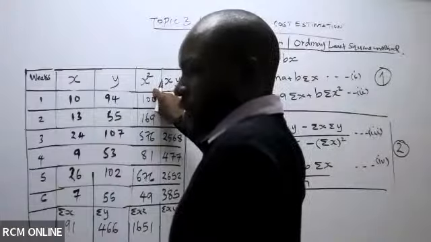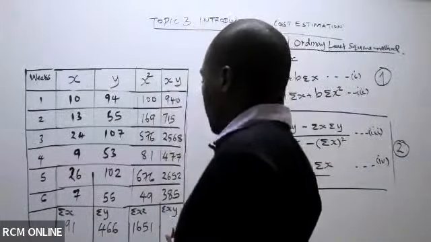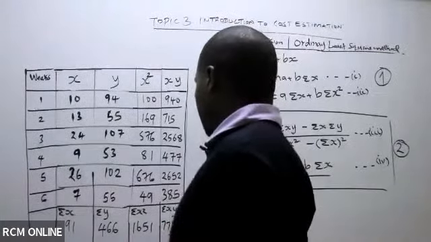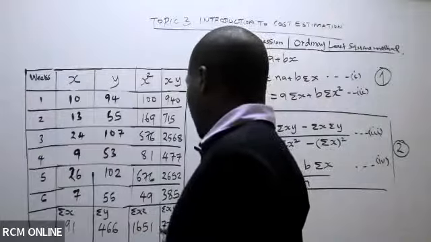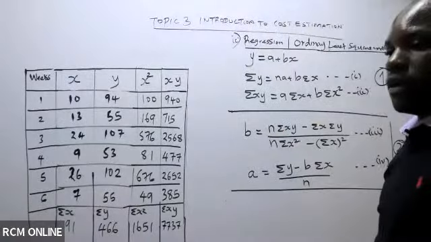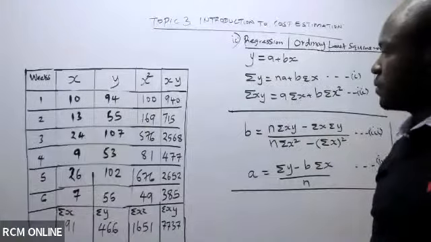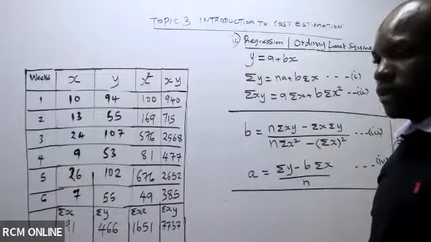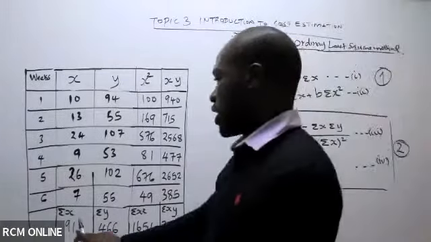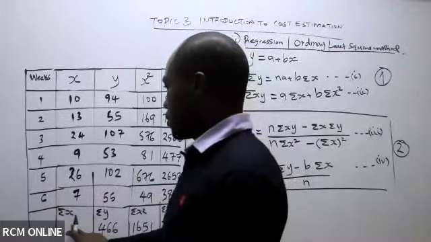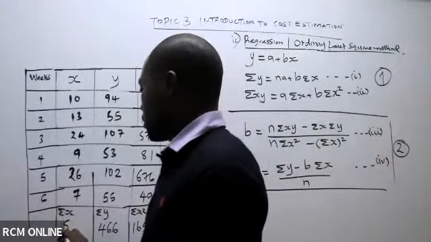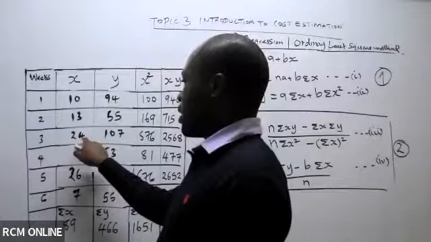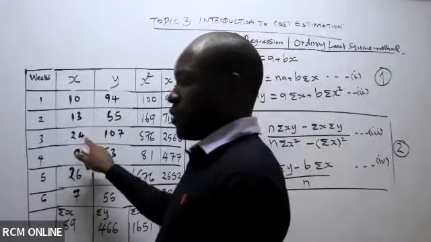X squared, 1651, good. How about xy? 7737. Good. 89x. What? Something is wrong, right? Summation of x is equal to 89, not 91. Unless someone forgot and put 26, but it was 24.